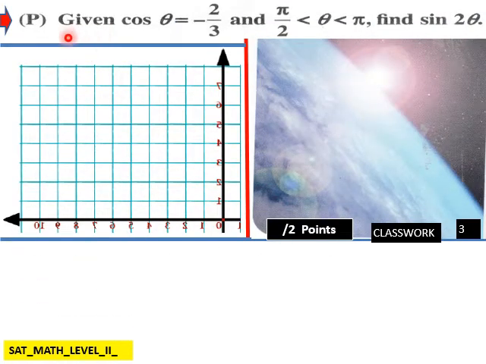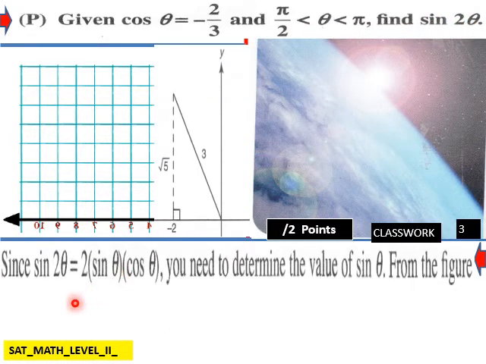Let's try one. Given cosine theta equals negative 2/3 and pi over 2 is less than theta less than pi, find sine 2 theta. Since sine 2 theta equals 2 sine theta cosine theta, you need to determine the value of sine theta.